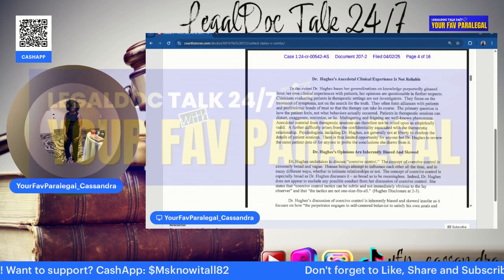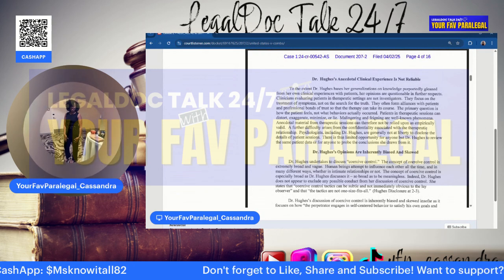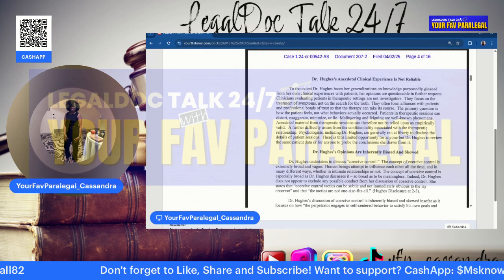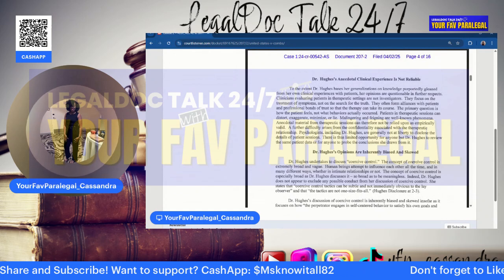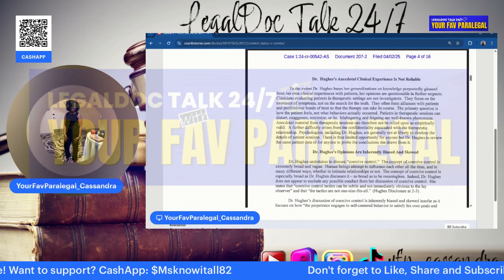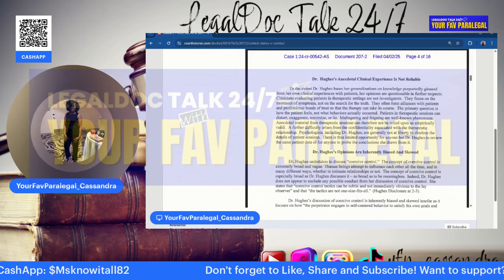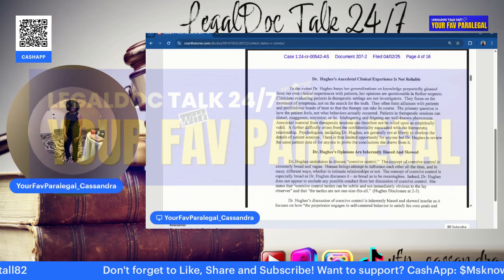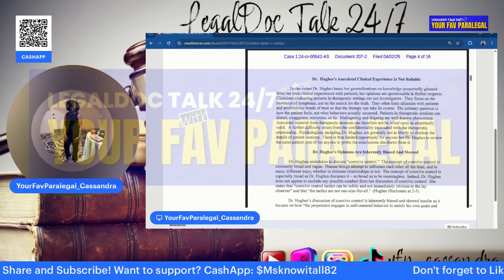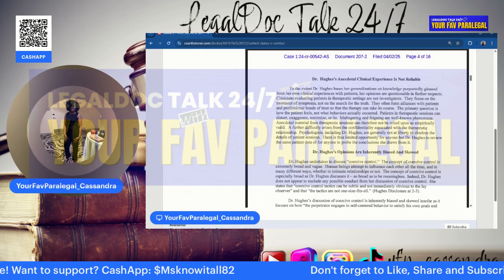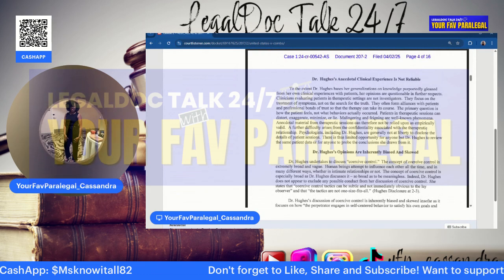They often form alliances with patients and professional bonds of trust so that therapy can take its course. The primary question is how the patient feels, not what behaviors actually occurred. Patients in therapeutic sessions can distort, exaggerate, minimize, or lie. Malingering and framing are all well-known phenomena.